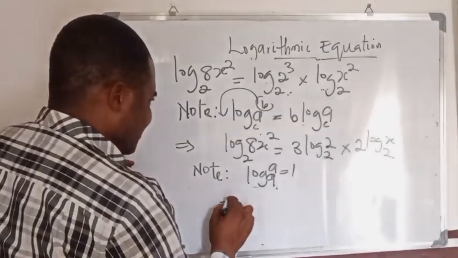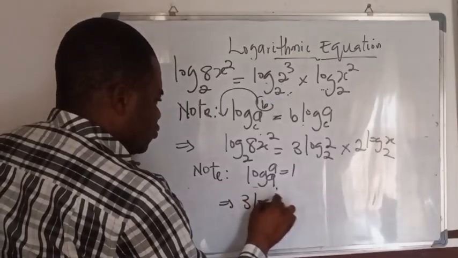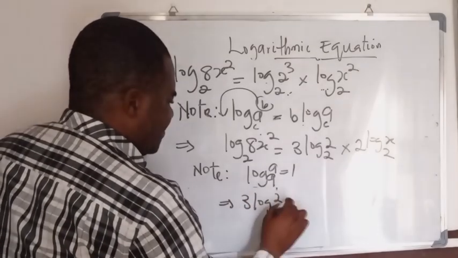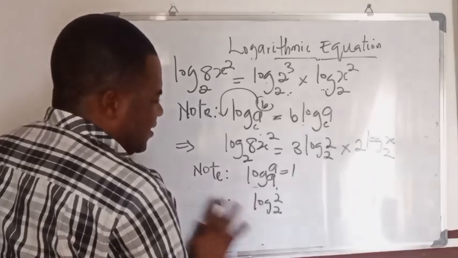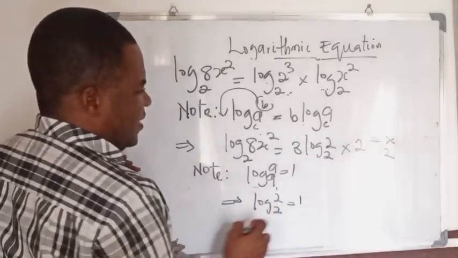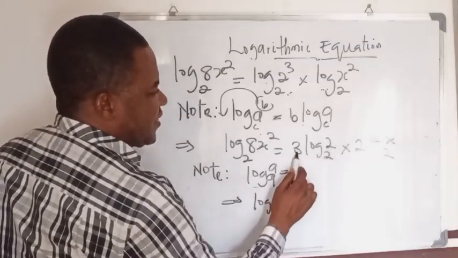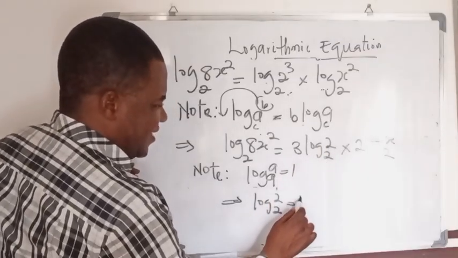This means that 3 log 2 base 2, or let's leave the 3, log 2 base 2 is equal to 1. So 3 log 2 base 2 is 3 times 1.